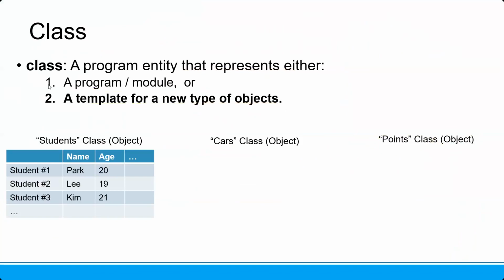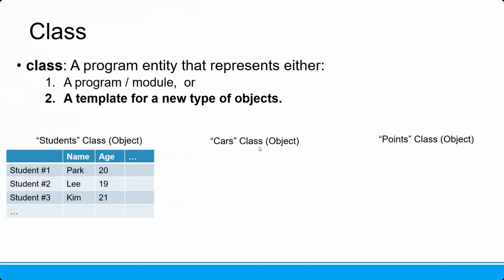For example, if the object is a student, then I know that student number 1 has information about name and information about age. The name is Park and the age is 20, for example. The second object is Lee, and the age is 19. The next object, number 3, the name is Kim and the age is 21.